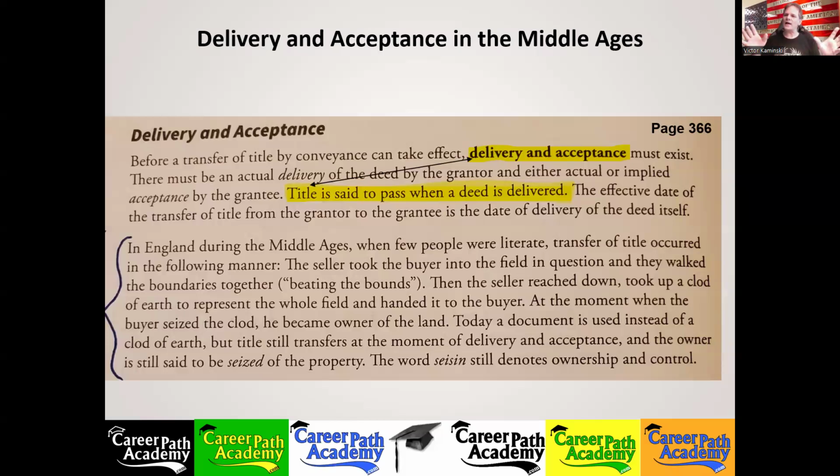Well, close your eyes and picture one of those cheesy little cartoon characters as I read this story for you about how the transfer of ownership took place in the Middle Ages when people didn't know how to read or write. That was only reserved for the wealthy. There was no reason for poor people or slaves to know how to read or write. This is how governments stay in control, how the rich and powerful stay in power.